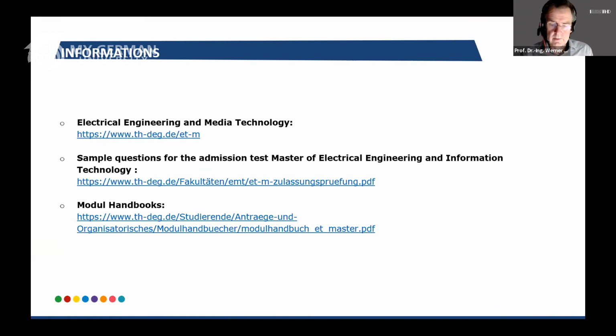The link is given here on the view graph. More detailed information on the specific courses we have in our program is given in the module handbook, which is also available on our website.